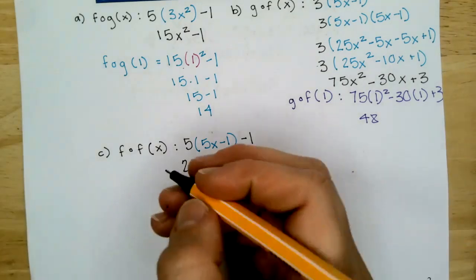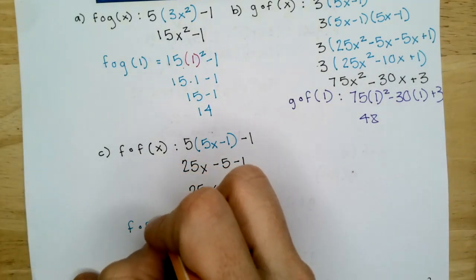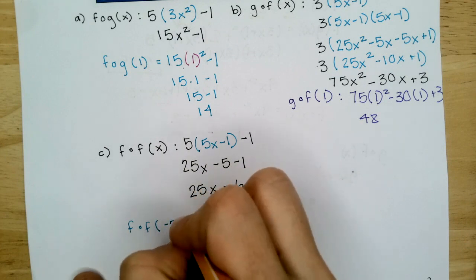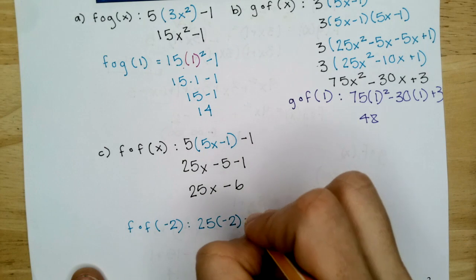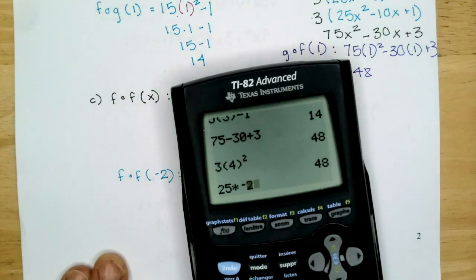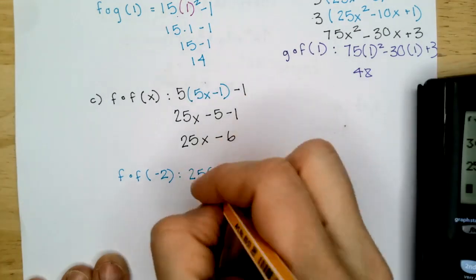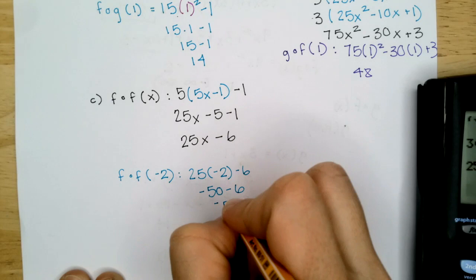So f of negative 2 now is 25 times negative 2 minus 6. Good? 25 times negative 2 is negative 50 minus 6, negative 56.